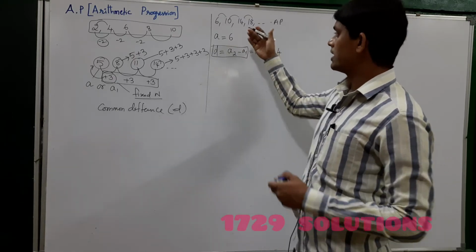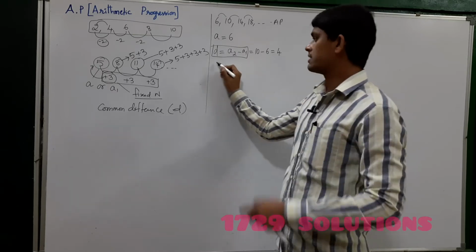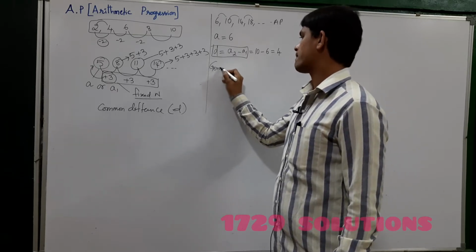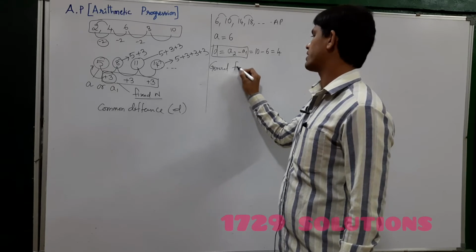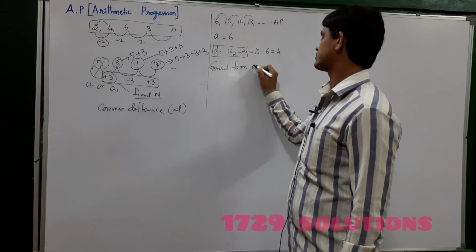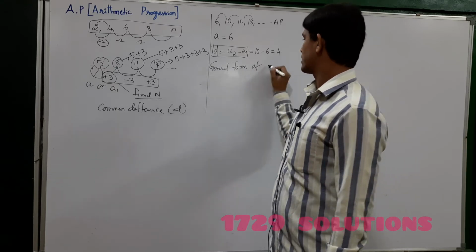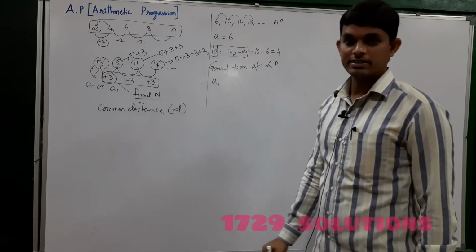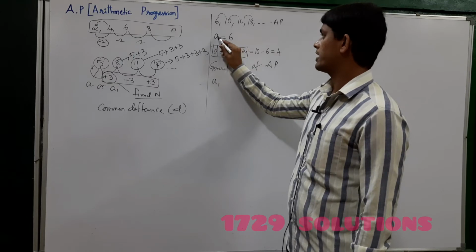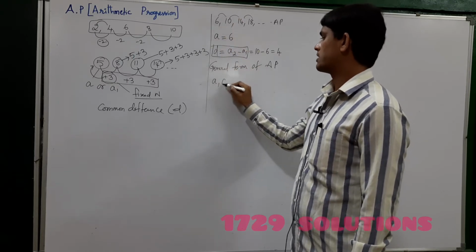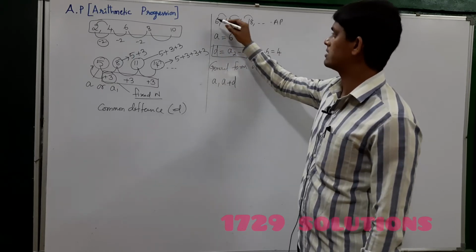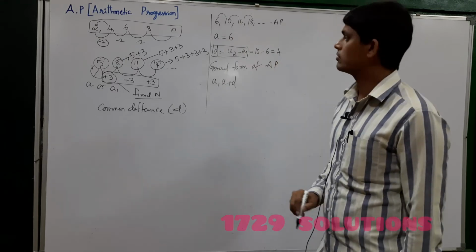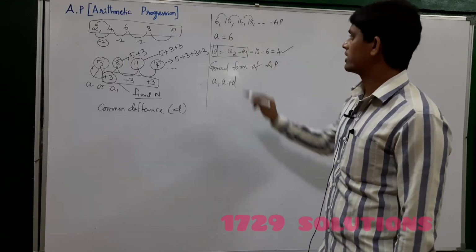Now with the help of A and D, we can go into the general form of AP. What is the general form of AP? The first term is A. How to get the second term? A plus D. First term plus 4, what is the 4 here? D, to get 10.